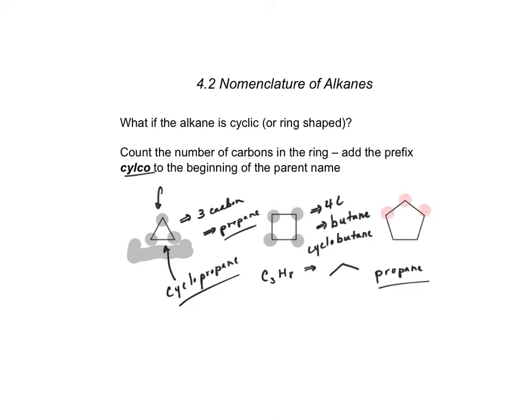We've got 1, 2, 3, 4, 5. 5 carbons. The prefix for 5 is pent, right? So again, this would be pentane, but it's cyclic, so we have to say cyclopentane to name the parent for any of these guys. So we have cyclopropane, cyclobutane, and then cyclopentane.